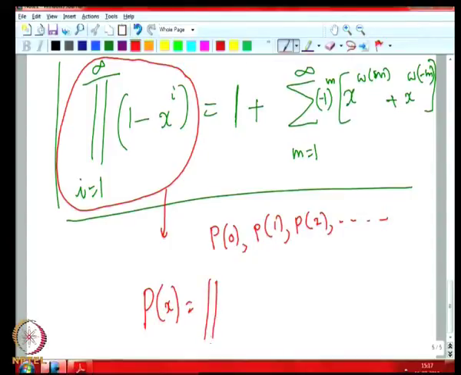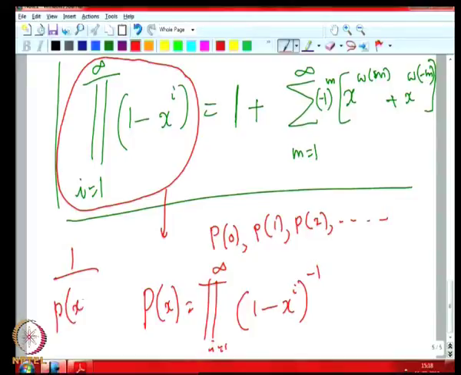is product of i equal to 1 to infinity 1 by 1 minus x raised to i, right, or we can write it as 1 minus x raised to i inverse. Now, if I take 1 by p of x, then what will you get?